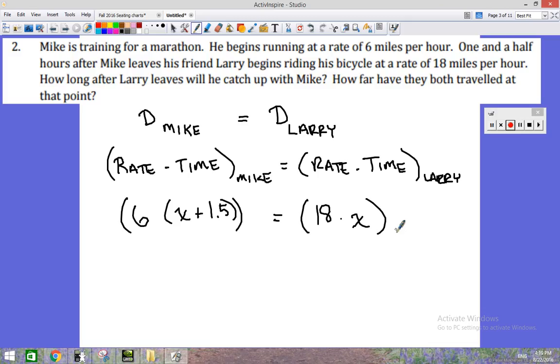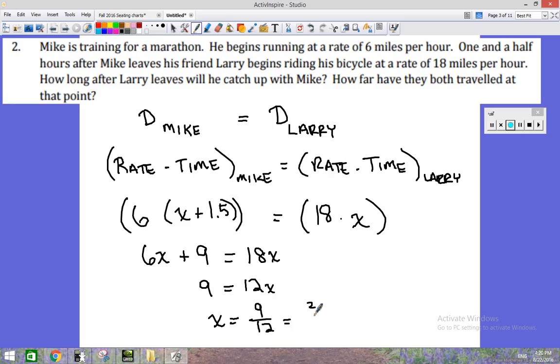Alright, so one equation and one unknown. So we've got 6x, and 6 times 1.5 should be 9. We'll double check in a minute on that. Subtract 6x from both sides. Divide by 12.